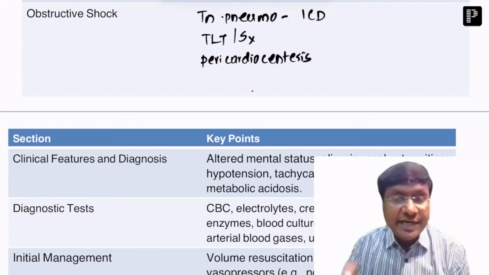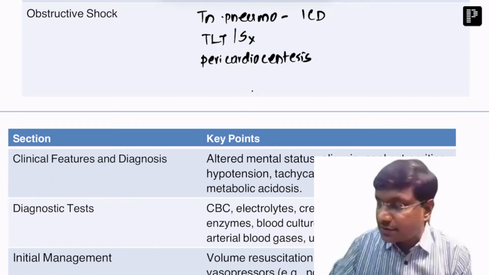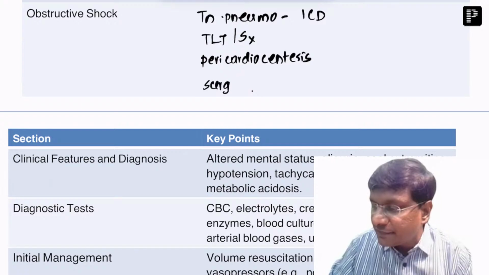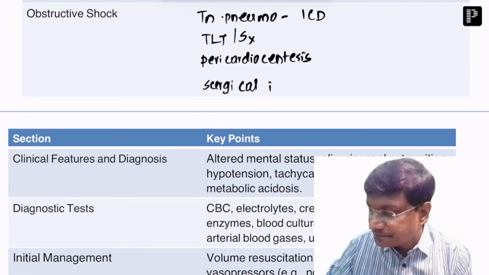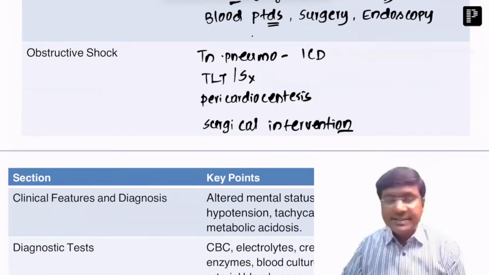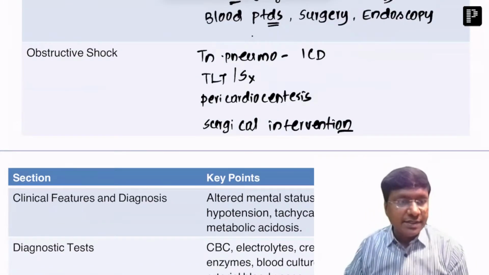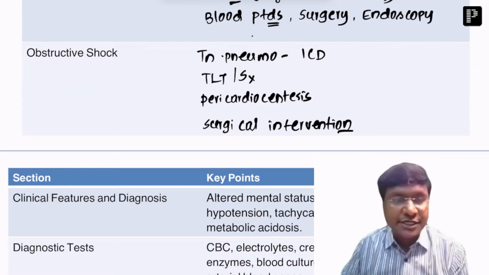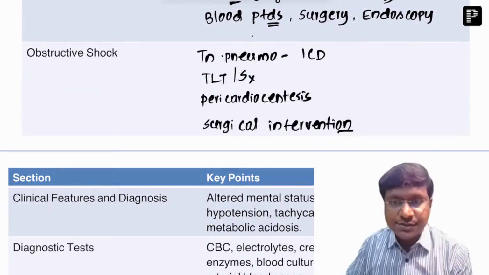And if there is aortic dissection causing obstructive shock, then immediately you need to plan for surgical intervention, right? Okay. So this is about the treatment in case of the obstructive shock, depending upon the underlying cause, right?